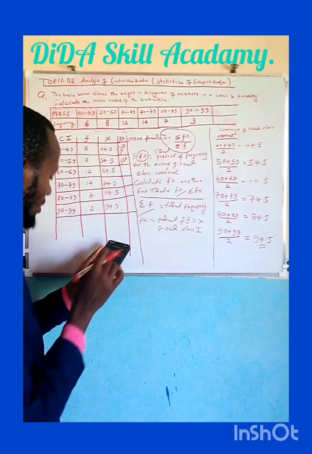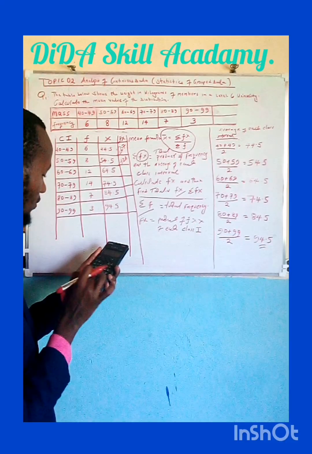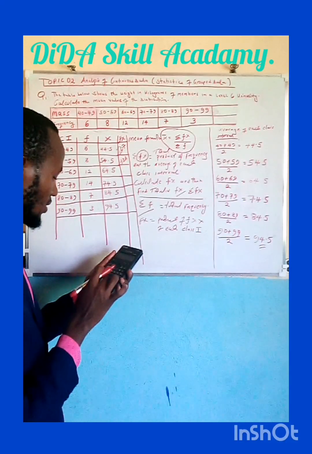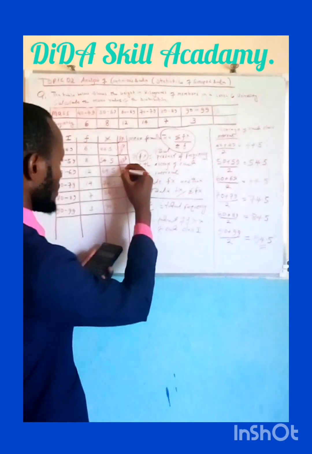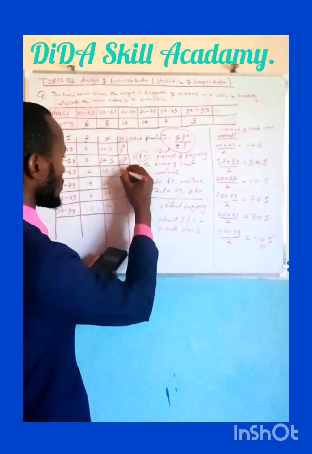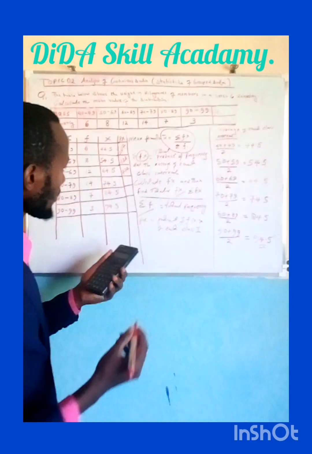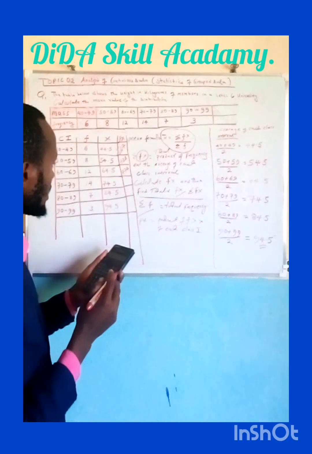Now that class interval whose frequency is 12 multiplied by 64.5, you'll have 774.